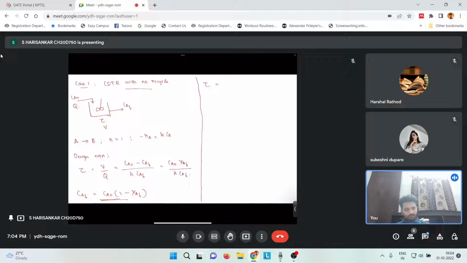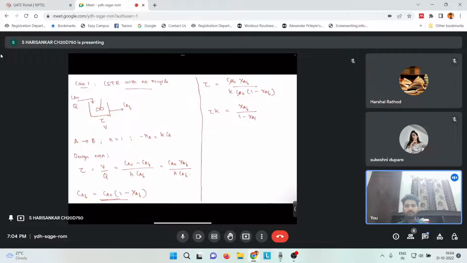Tau will be CA0 XAF by k into CA0 into 1 minus XAF. So CA0 gets cancelled. If we take this k from the right hand side to the left hand side, it will be tau k is equal to XAF by 1 minus XAF.